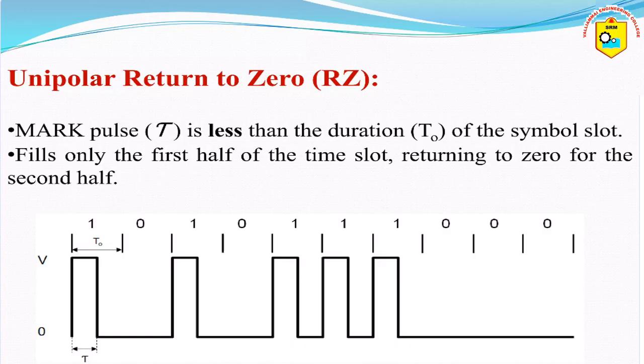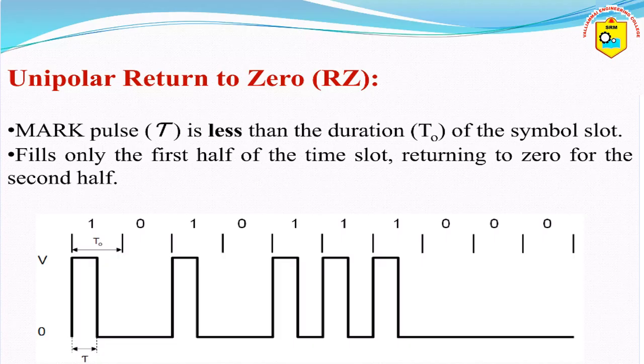Moving on to unipolar return to 0. In contrast to non-return to 0, in return to 0 type, for bit 1 transmission you will have a pulse, and for bit 0 you have no pulse. But within the bit duration, TB or T0, the pulse will return to 0.